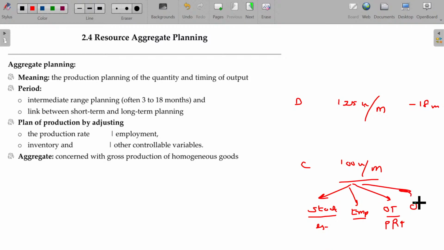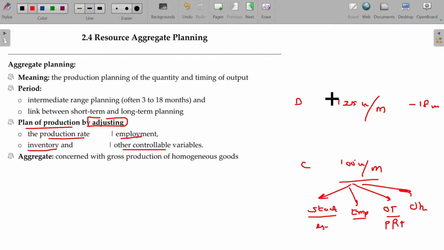Or other reasons. Somehow we have to develop our capacity to match the demand. So, plan of production by adjusting production rate, inventory, employment, or any other controllable variables. We have to adjust our capacity to match the forecasted demand.